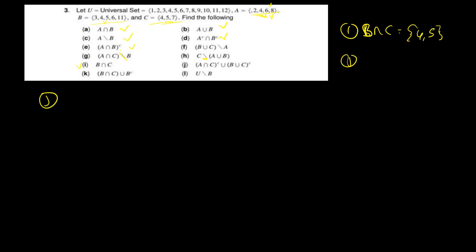We are now solving J. So J gives us what? J gives us A intersection C, then A union B union C, with complement like that.